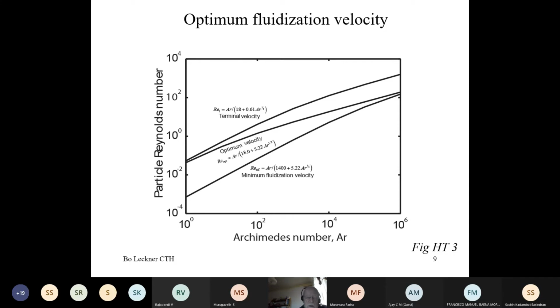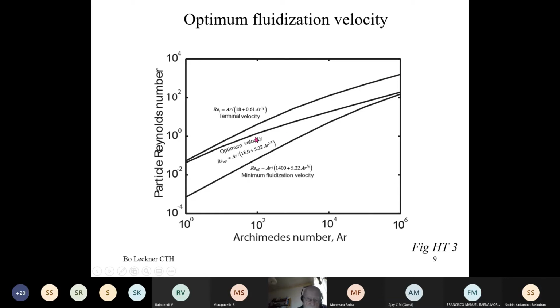Yeah, you have seen this before. This is the particle Reynolds number, logarithmic scale. This is the Archimedes number, logarithmic scale. And you have previously seen the curve for minimum fluidization velocity and the curve for the terminal velocity of a single particle.